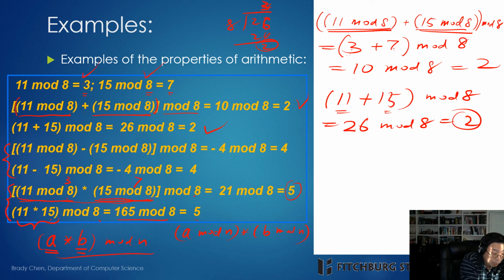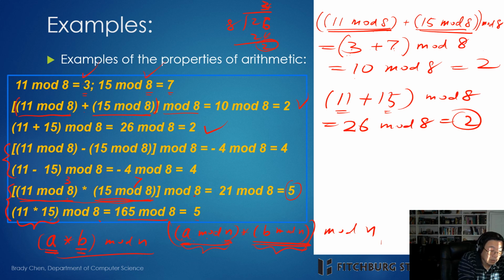Because if A is very big and n is relatively small, A mod n is the remainder when A is divided by n, so it should be smaller than n. B mod n is the remainder when B is divided by n. So both A mod n and B mod n should be smaller than n, and hopefully much smaller than A and B. So then you do the smaller multiplication, A mod n times B mod n, with numbers smaller than A and B, and then we do the modulo n.